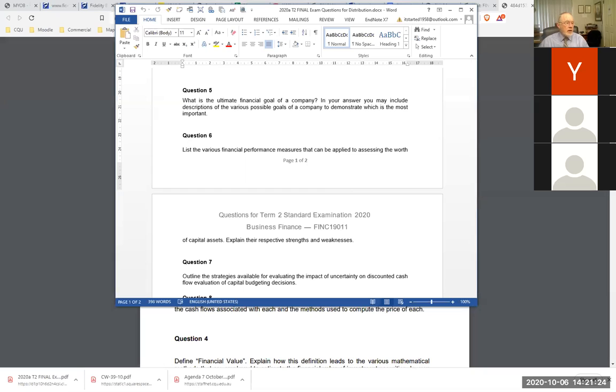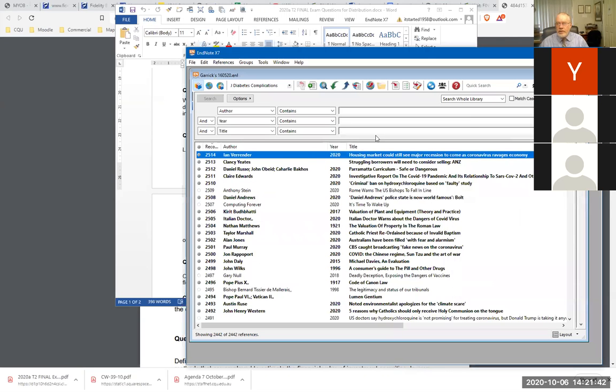I'll open up my Endnote library. Okay, here's my Endnote library. It's got all sorts of things in it. You don't need to be too concerned about all of that.